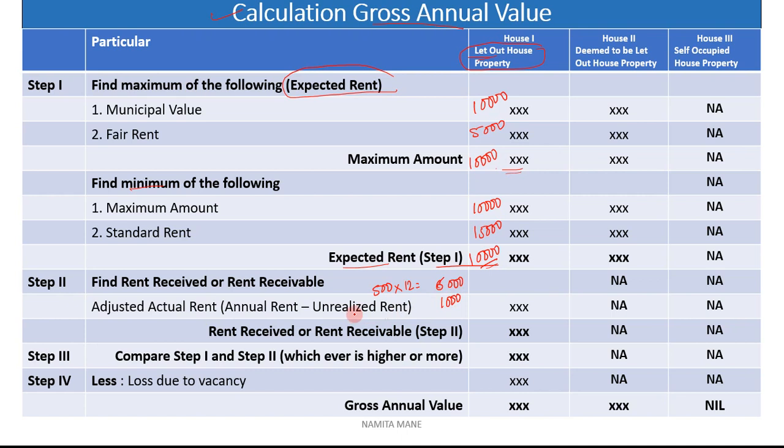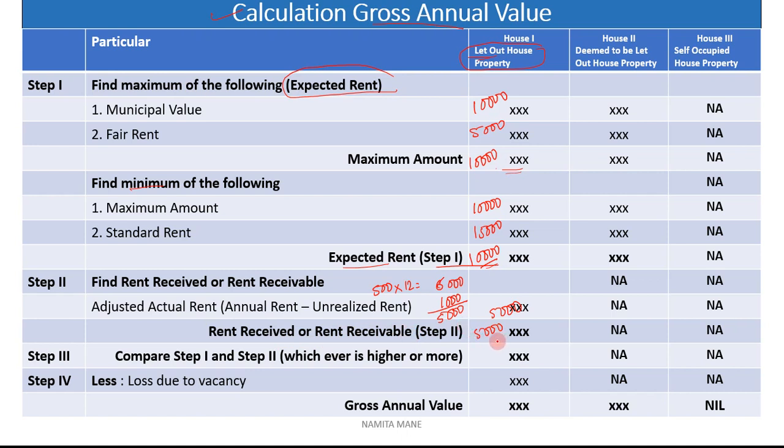This 1,000 is unrealized rent, because the tenant did not pay the owner. Annual rent is 6,000, unrealized rent is 1,000, so the remaining is 5,000. This 5,000 is the adjusted annual rent, or rent received or rent receivable.